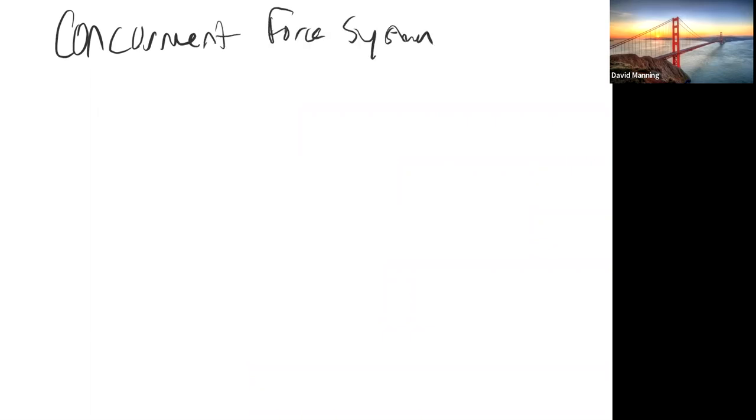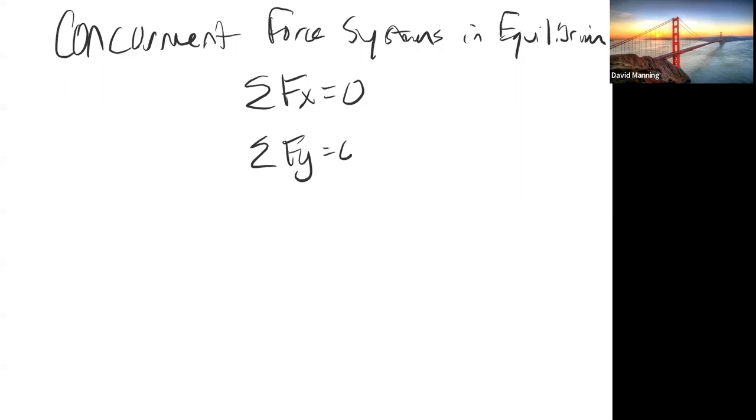All right, let's get started. Today we are doing concurrent force systems in equilibrium. That's today's lesson. For these, it's always the sum of the forces in the x equals 0 and the sum of the forces in the y equals 0.